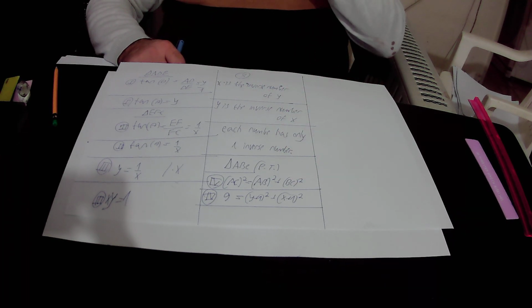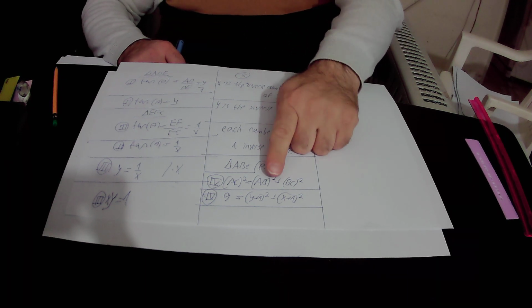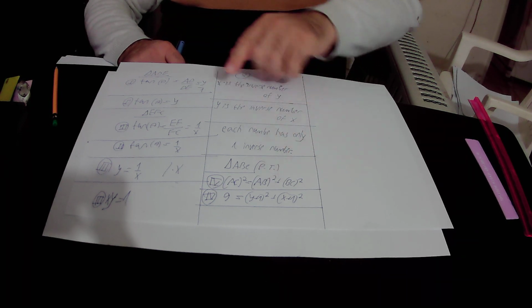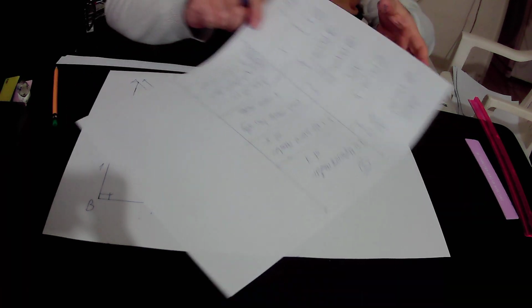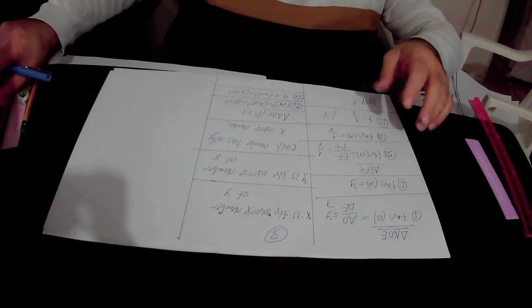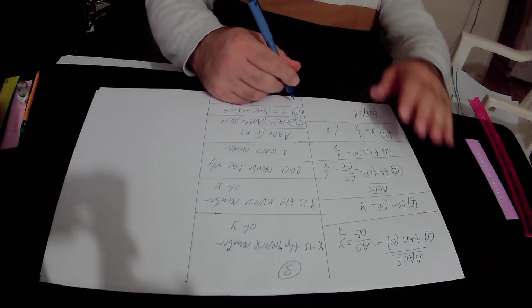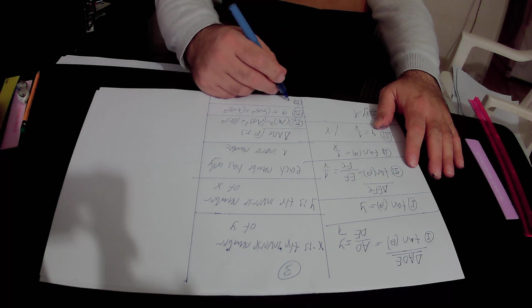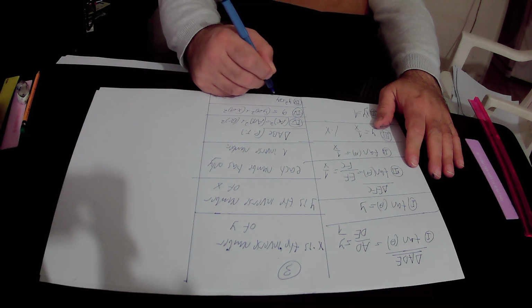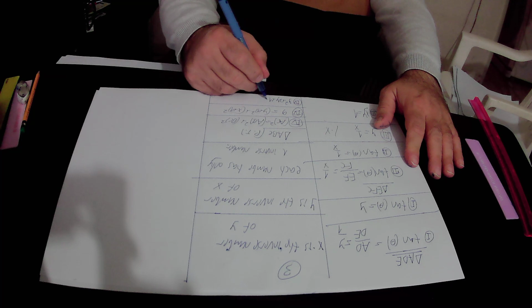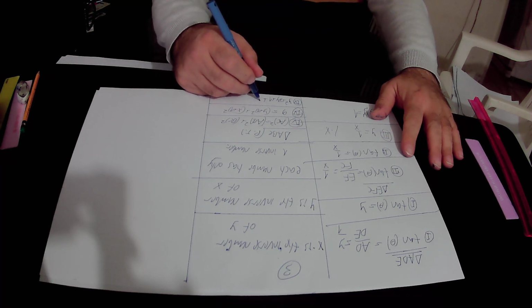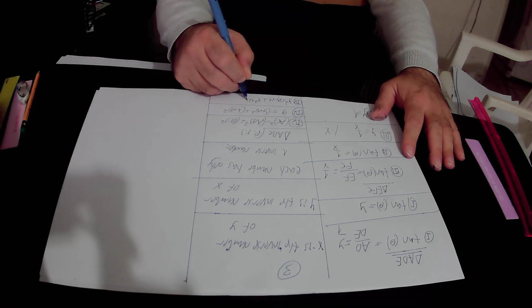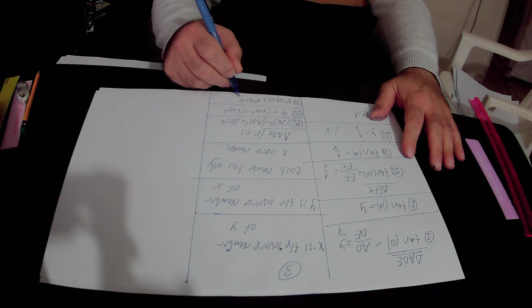Here we will open the brackets on this side of equation number 4, and we will get that according to equation number 4, Y plus 1 squared is Y squared plus 2Y plus 1, plus X plus 1 squared, X plus 1 squared is X squared plus 2X plus 1, and it equals 9.